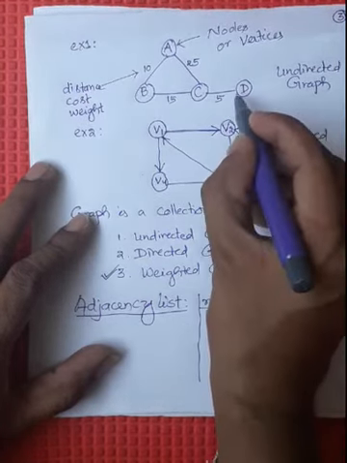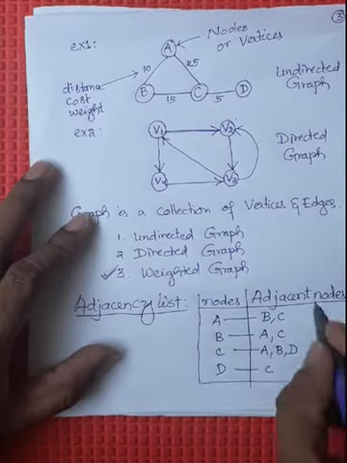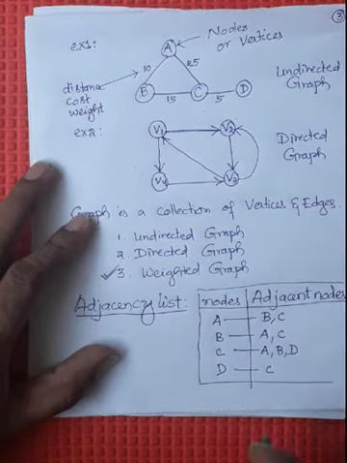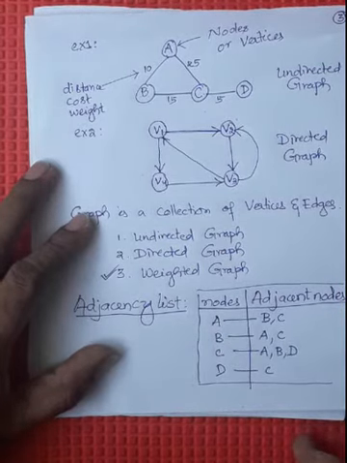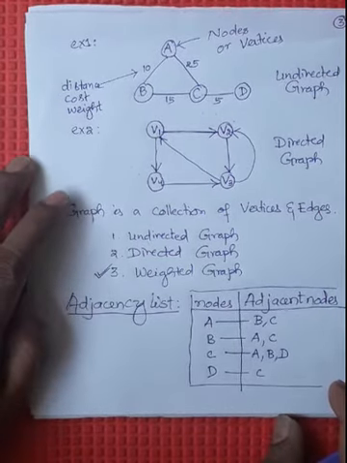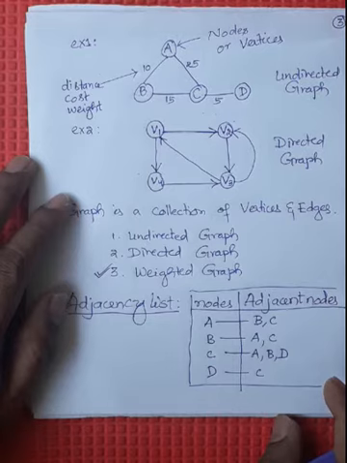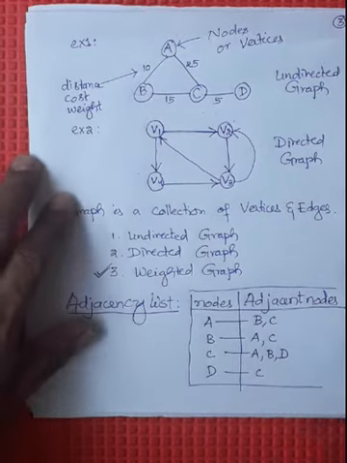And from D, the only adjacent node is C. So this table we call an adjacency list table. Generally, this table is required whenever you know a particular node and want to know how to move to other nodes by crossing the adjacent nodes. During that situation, you will find the use of the adjacency list.